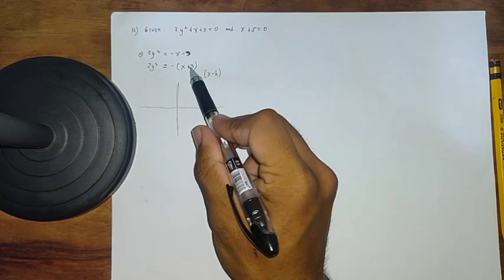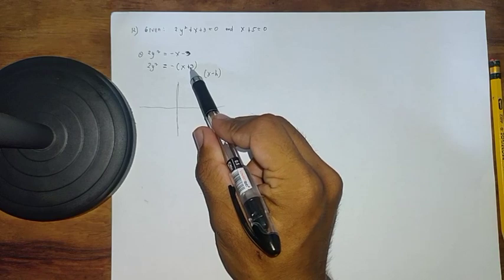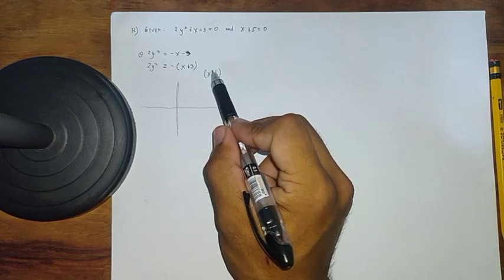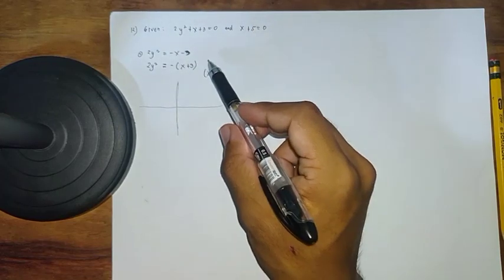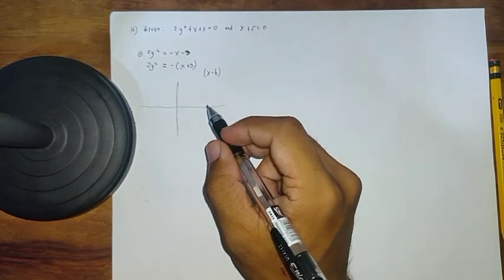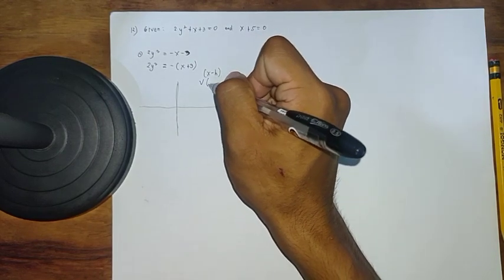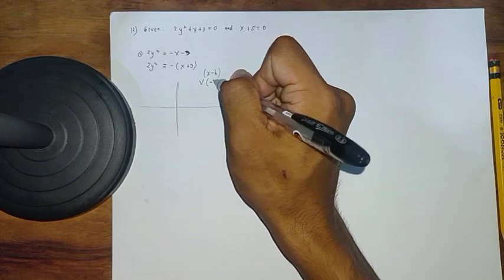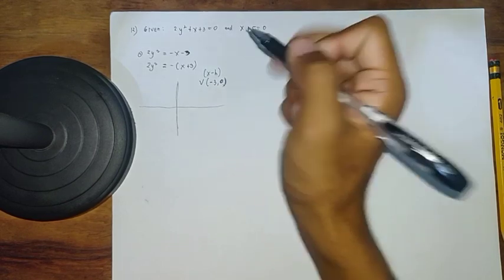So kapag i-compare natin dito na part, magiging positive 3 yung value ng h natin. So yung magiging vertex niya is negative 3, 0. Sorry, negative 3, 0 pala.